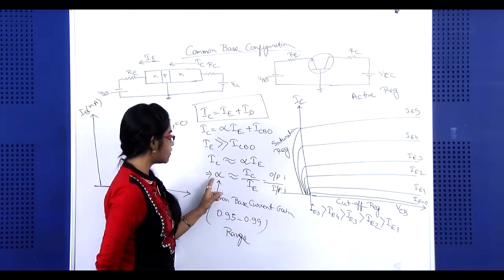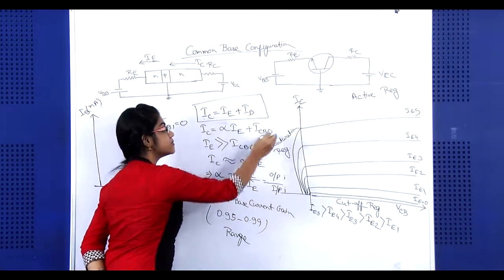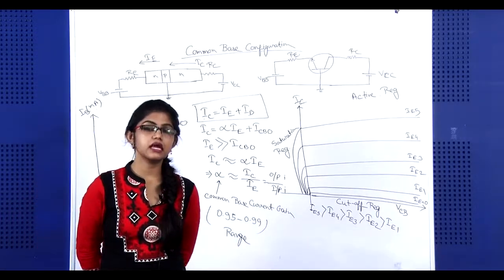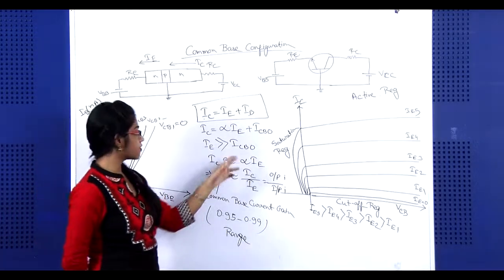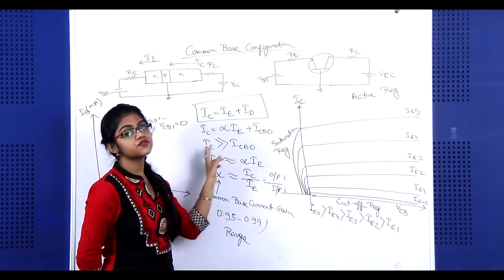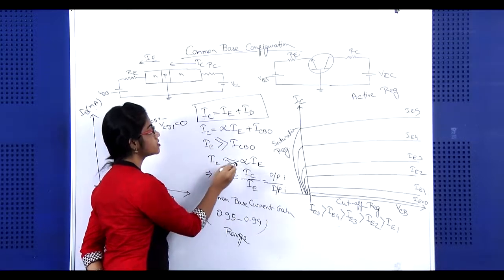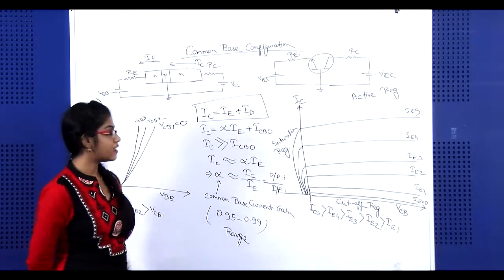So, this one is alpha. And this ICBO is reverse saturation current, the amount of which is very negligible. So, if you consider that IE is much greater than ICBO, then we can conclude that IC is almost equal to alpha into IE.